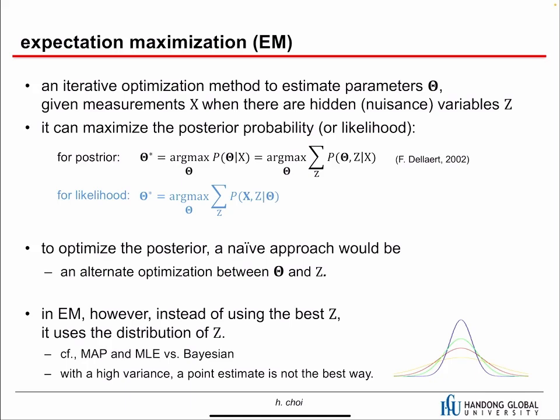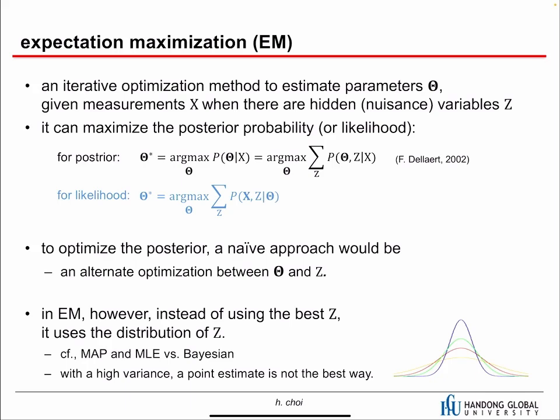In that case, we know how to estimate the mean and variance. We can use the maximum likelihood estimator. The estimator of the mean is just the sample average, and the variance estimator is the sample variance.